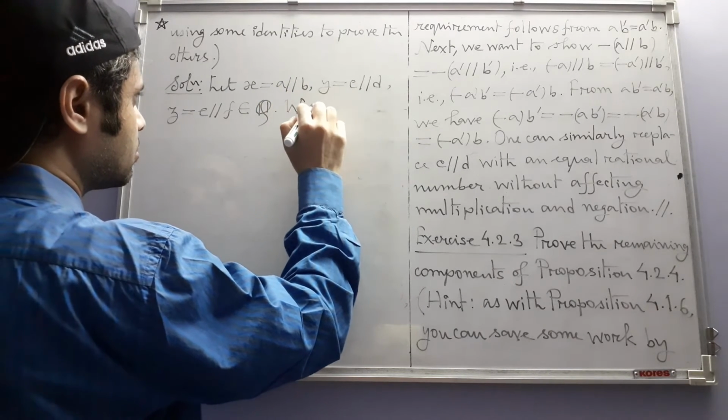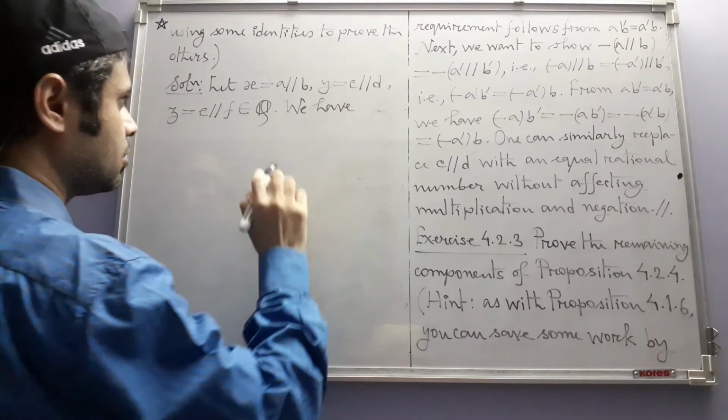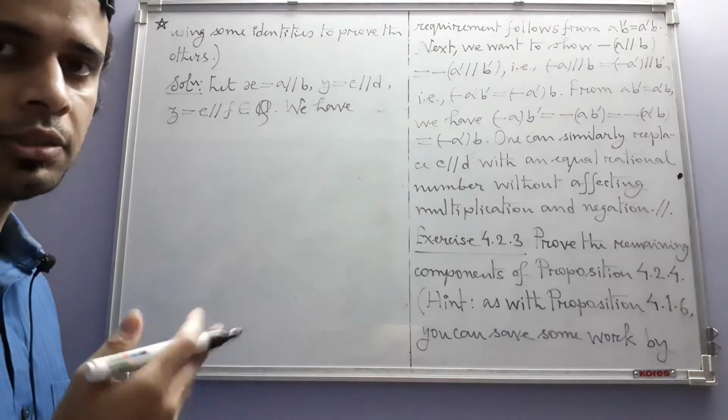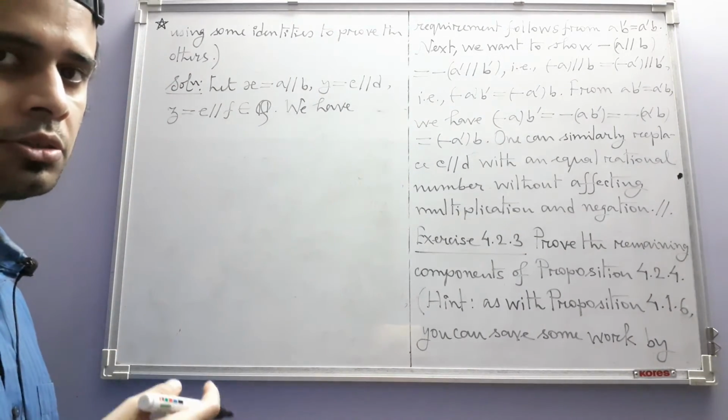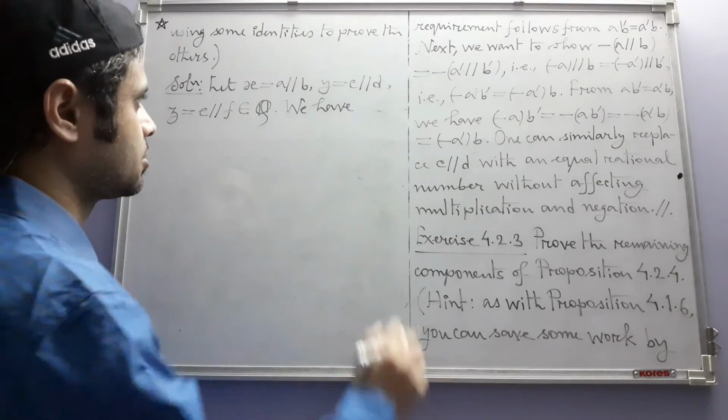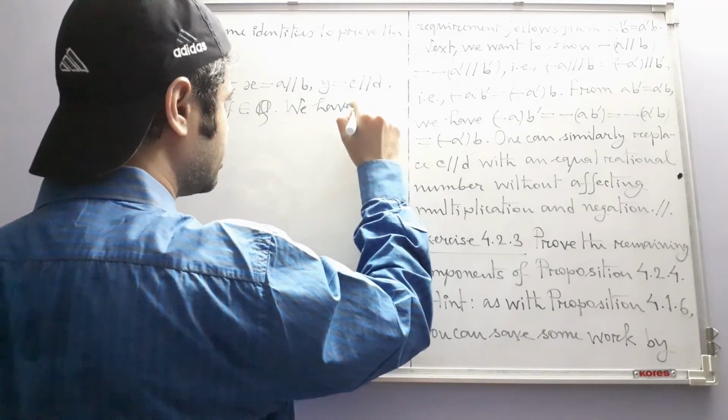So the first one is the identity that addition is commutative. x plus y should be shown to be equal to y plus x. So we directly calculate x plus y.